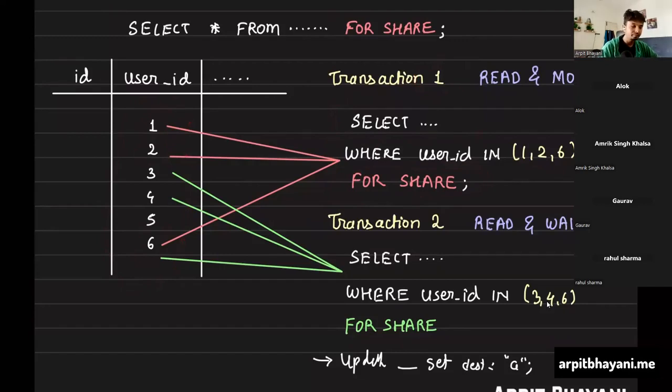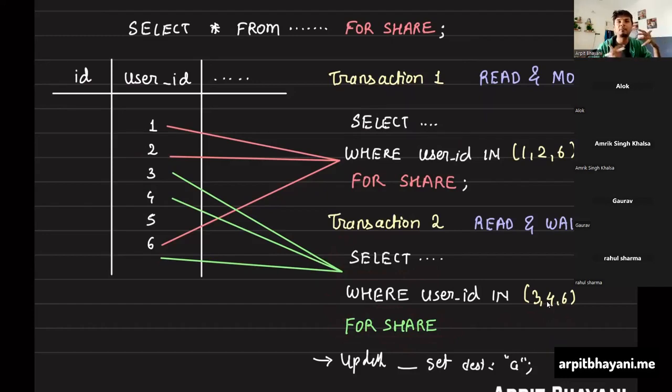Then let's say I have another transaction that wants to acquire a lock on rows 3, 4, and 6. It fires the statement: select where user ID in 3, 4, 6 for share. So now it would also get a shared lock, on 3, 4, 6. But now what's the behavior?